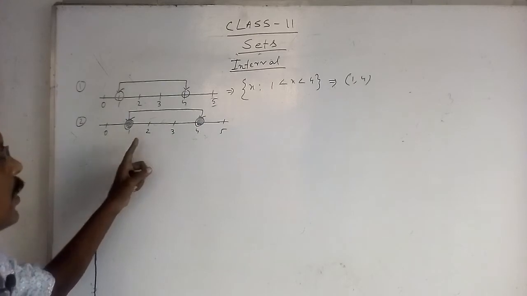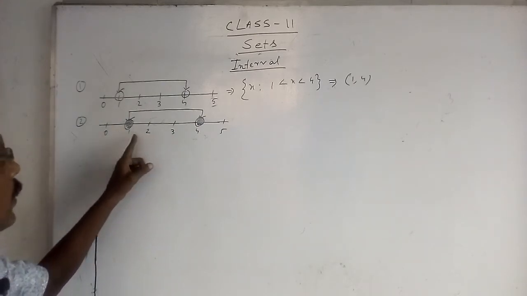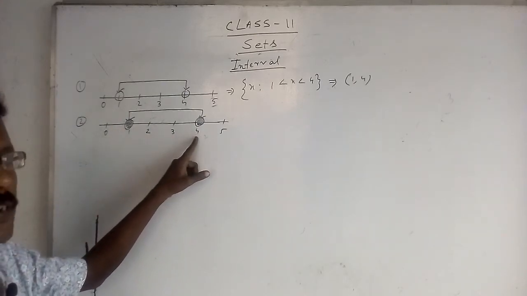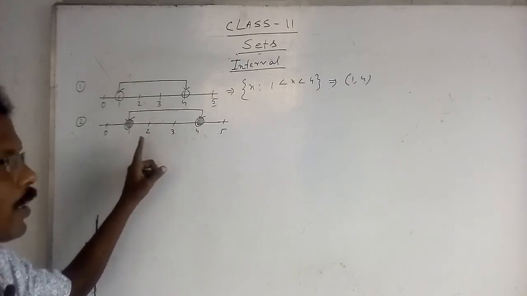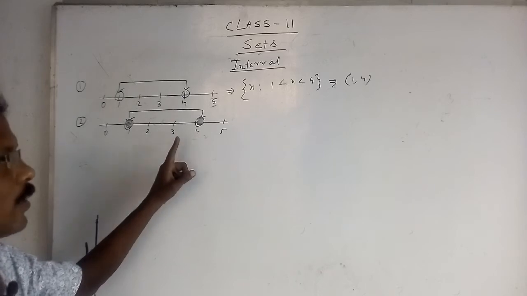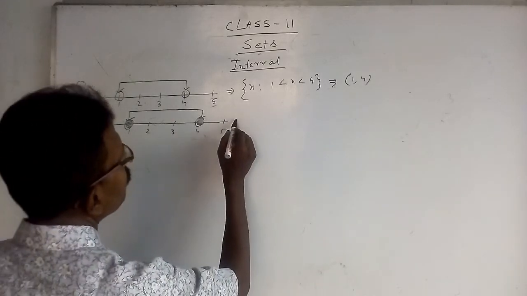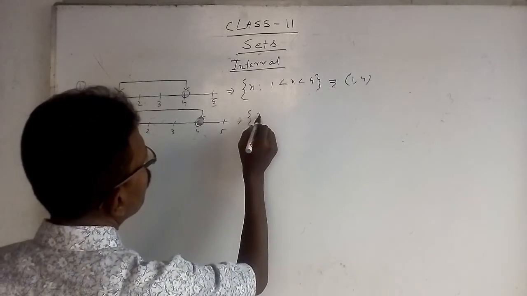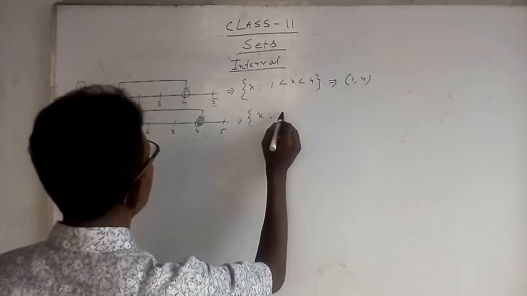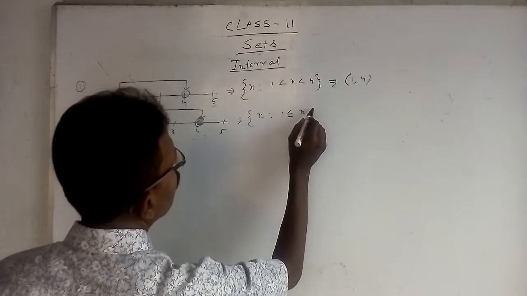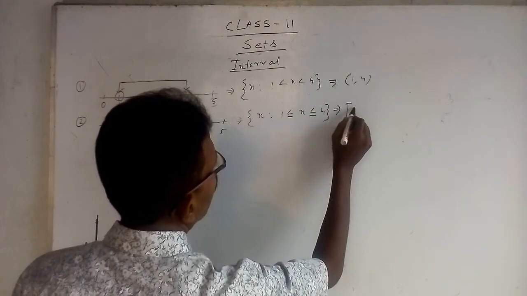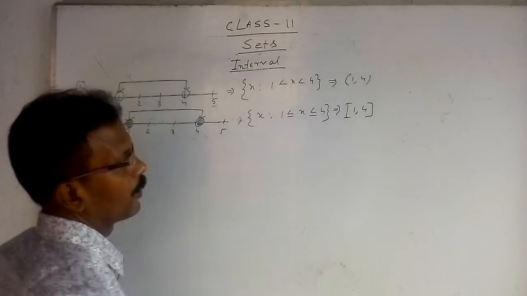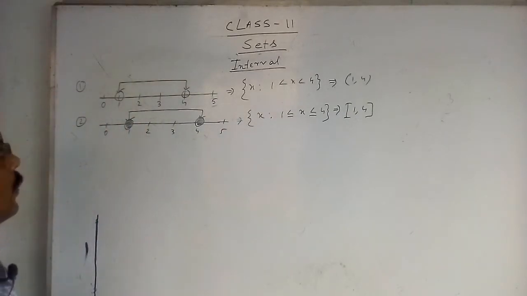It means that both the numbers 1 and 4 are included in the interval: x such that 1 ≤ x ≤ 4, and it is denoted by [1, 4] within square brackets. Clear?